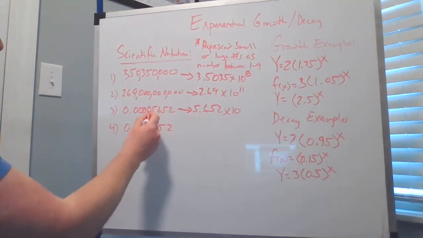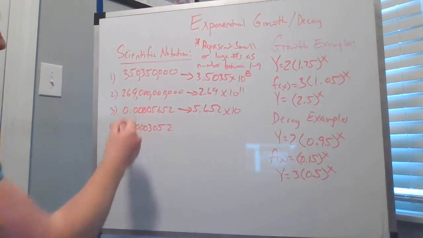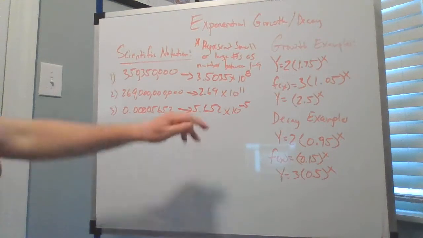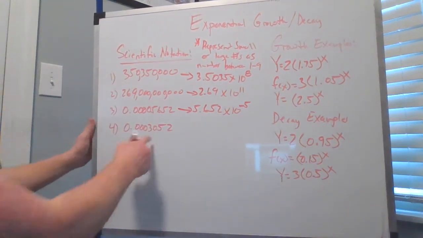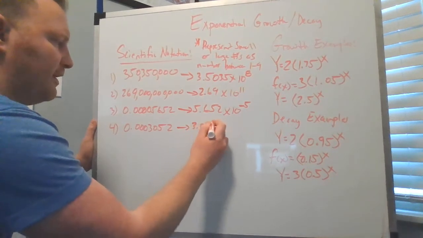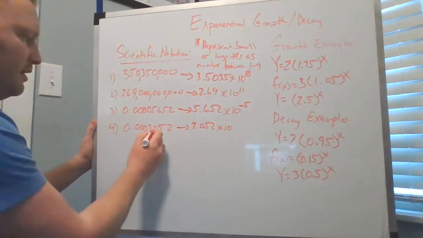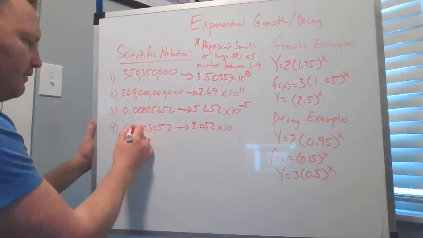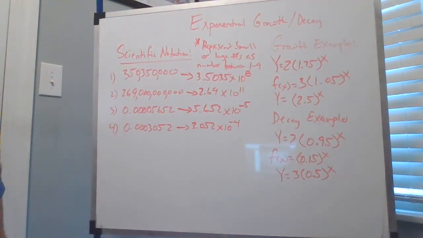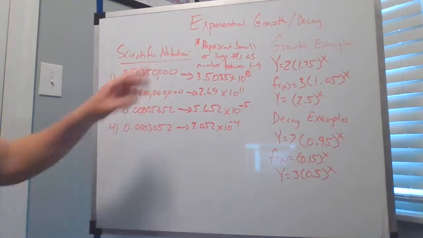How many times? 1, 2, 3, 4, 5. So this is a negative 5 because it's going back to the left 5. Same with this one. Include all non-zero numbers. 3.052 times 10 to the, let's see, 1, 2, 3, 4. Negative 4.